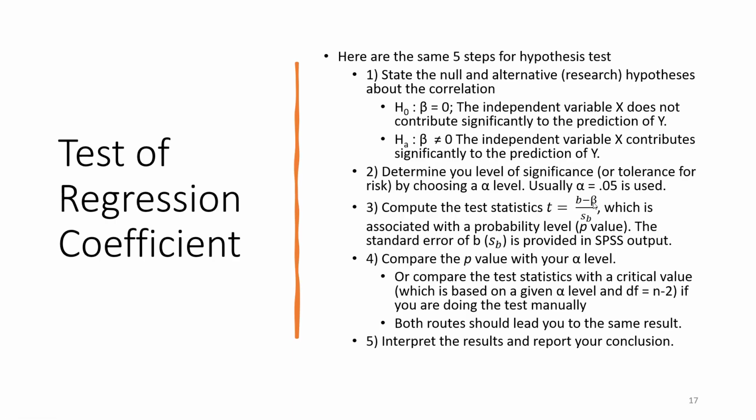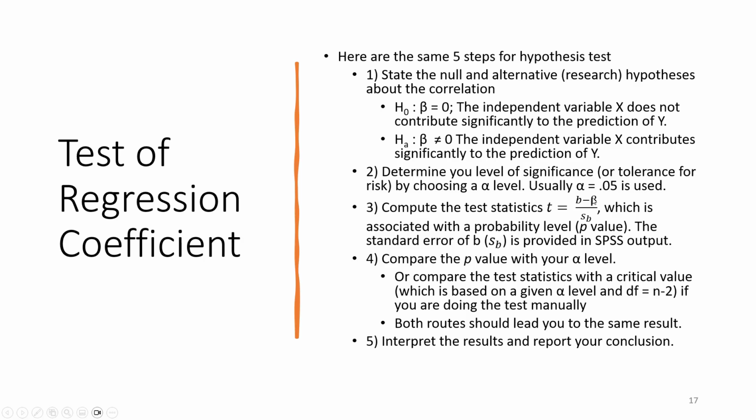Assume that you chose an alpha value of 0.05. You can find the observed t-value and its associated p-value in the SPSS table titled Coefficients. The t-value is calculated as the estimated sample regression coefficient minus hypothesized coefficient value over the standard error.